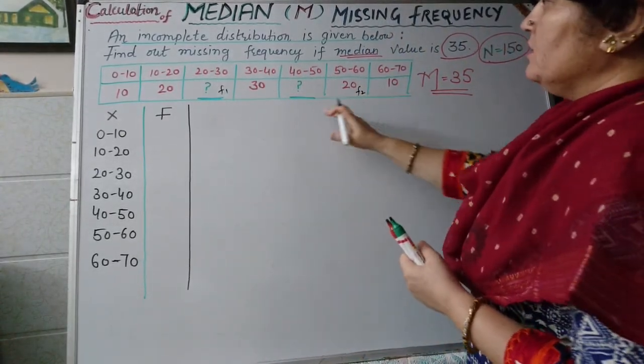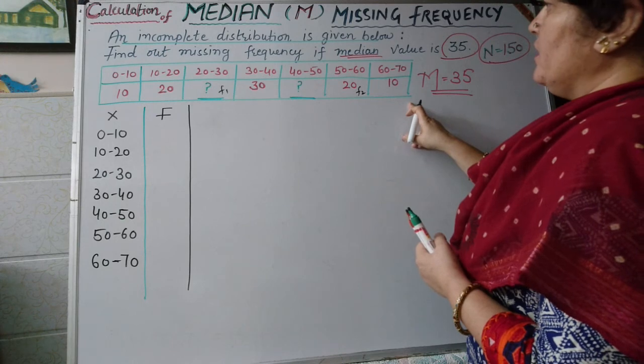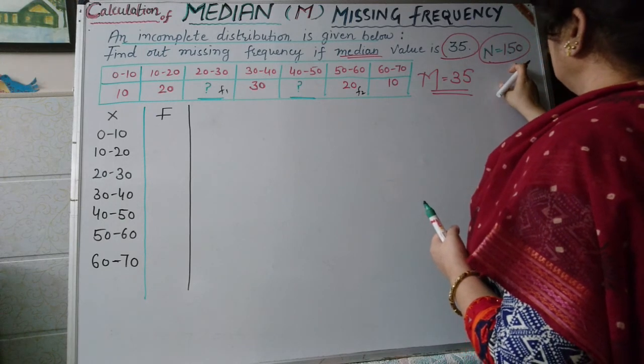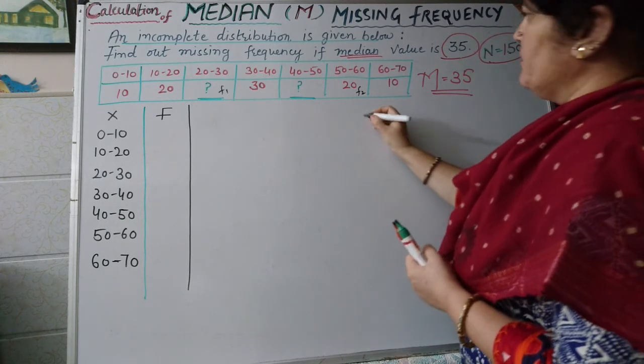And we know that the sum total of all the frequencies must be equivalent to 150.